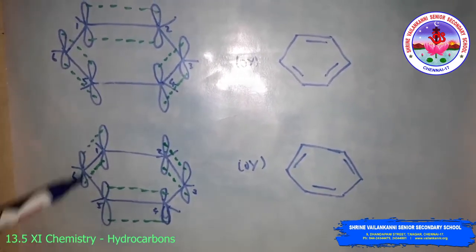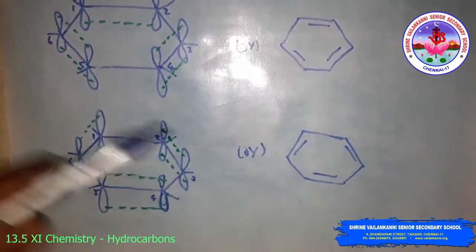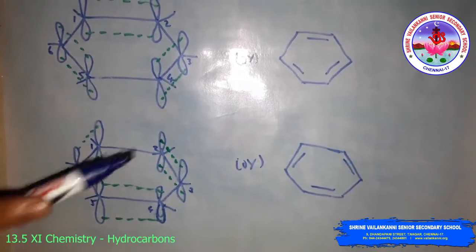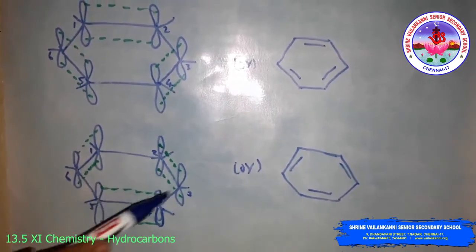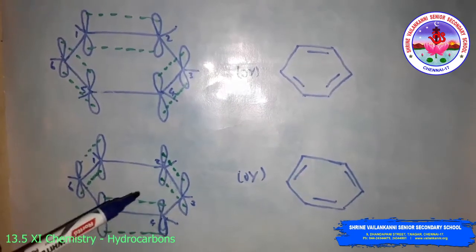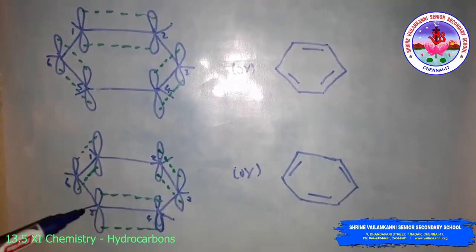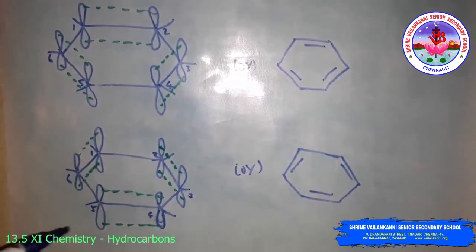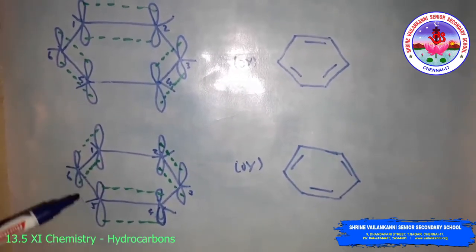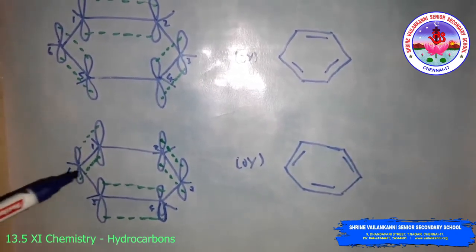So these are the possible arrangements. This is the structure. Okay. So these are the corresponding Kekulé structures with localized pi bonds. The internuclear distances between all the carbon atoms in the ring have been determined by X-ray diffraction to be the same. So there is an equal probability for the p orbitals of each carbon atom to overlap with the p orbitals of the adjacent carbon atoms.